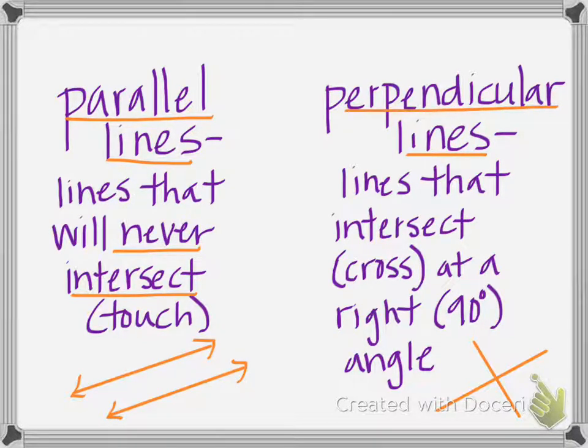What you might see sometimes on a picture for parallel lines is little arrows within the lines, not at the ends. The symbol for parallel lines is two long vertical lines next to each other. Notice also in the word parallel we have the symbol for parallel lines. We have some parallel lines in the word parallel lines.